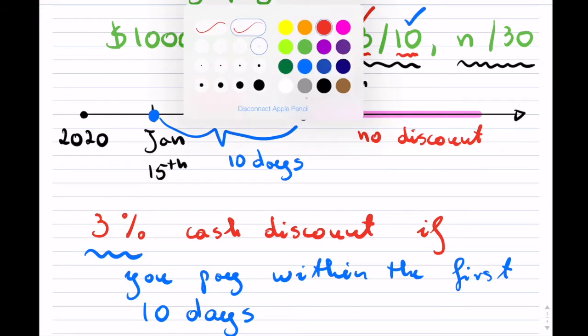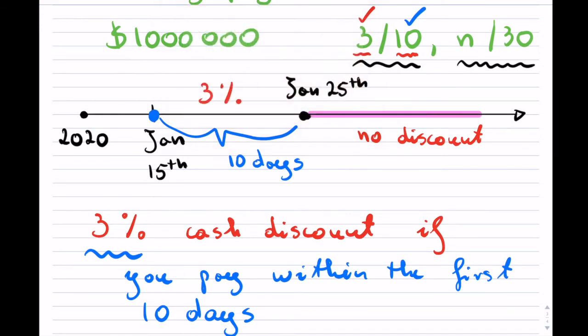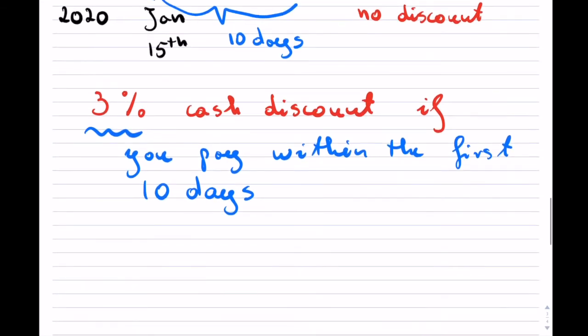Now, the next item that they have in these terms is this N30. What this N30 means is that your net, the total, has to be paid off within 30 days from that January 15th.